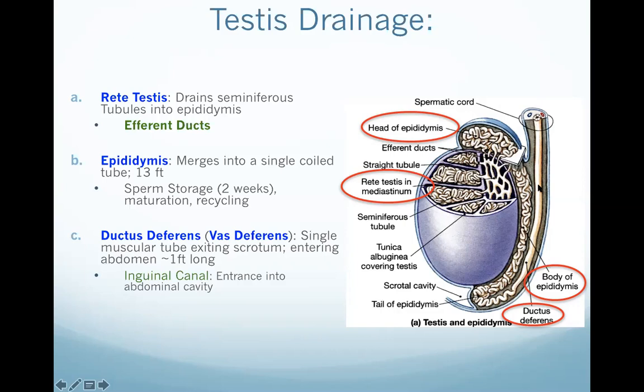It's easily about a foot in length and will travel through a gap in the anterior abdominal wall just above the pelvic brim to enter into the body cavity. The epididymis and the vas deferens are primarily a really thick layer of smooth muscle that makes up that tubule.